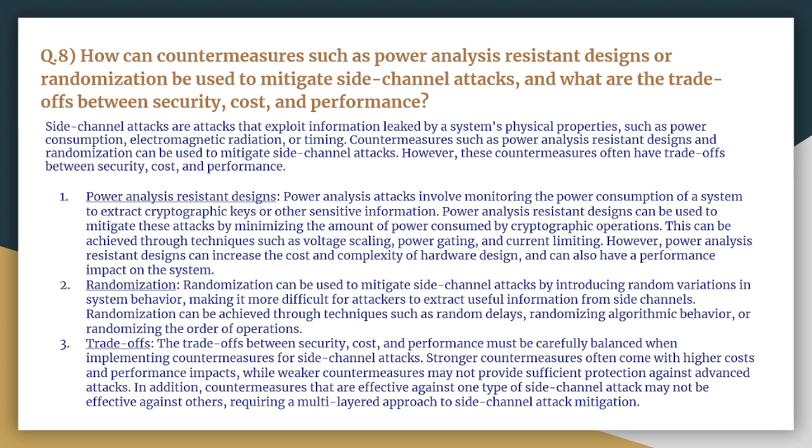Countermeasures such as power analysis resistant designs and randomization can be used to mitigate side channel attacks. However, these countermeasures often have trade-offs between security, cost, and performance. First, power analysis resistant design, randomization trade-offs.